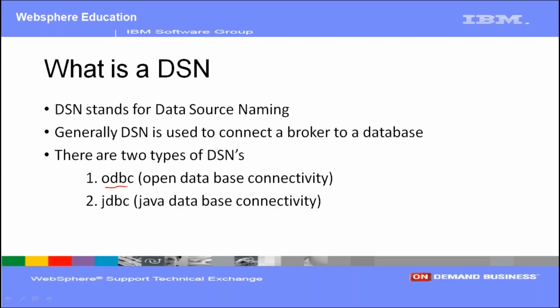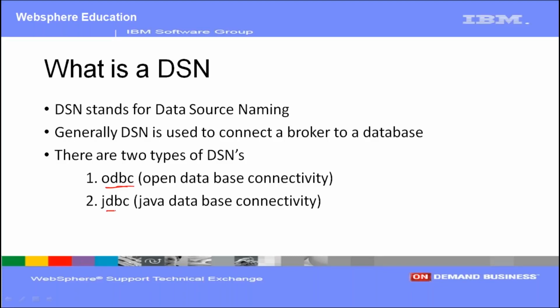So there are two types of databases: ODBC database and JDBC database. With the help of ODBC, an application developed in any language, whether Python, Java, .NET, C, C++, Ruby, whatever the language is, any application can connect to the database with the help of ODBC.